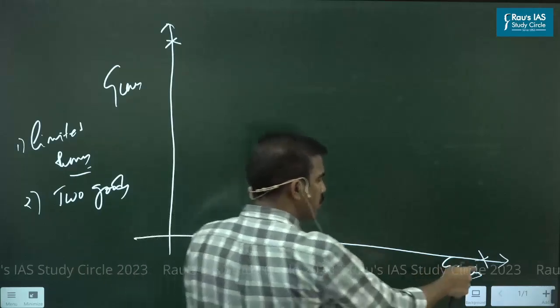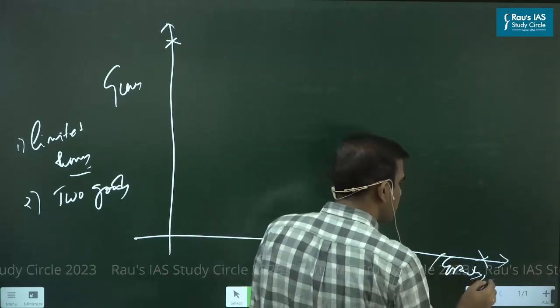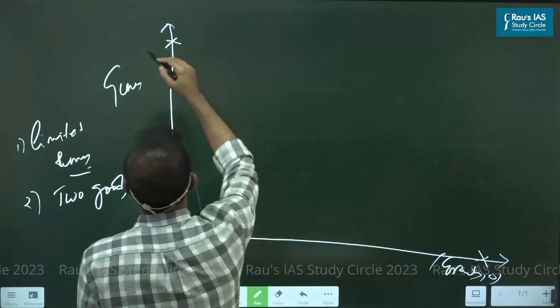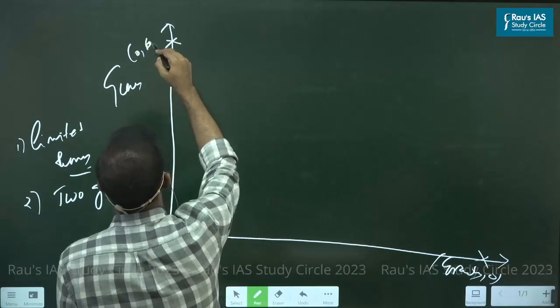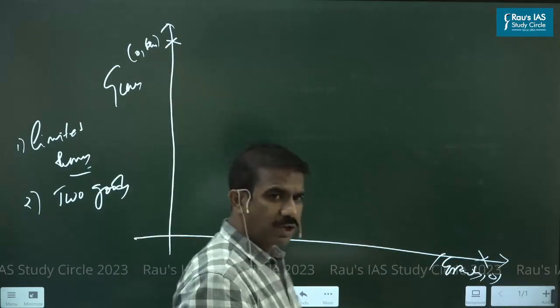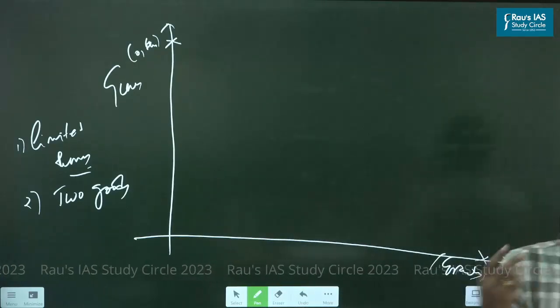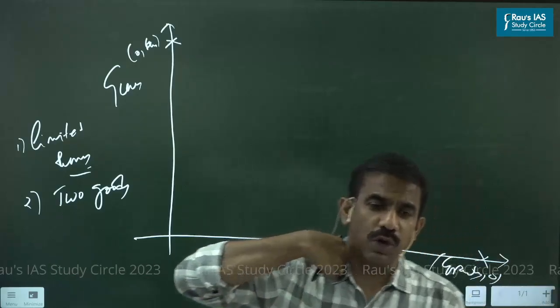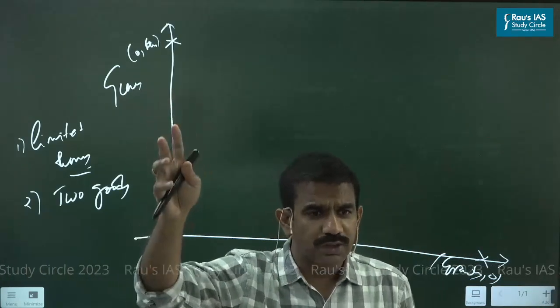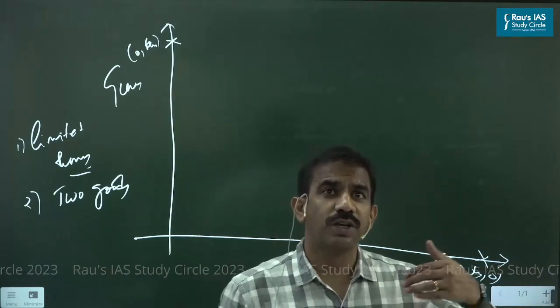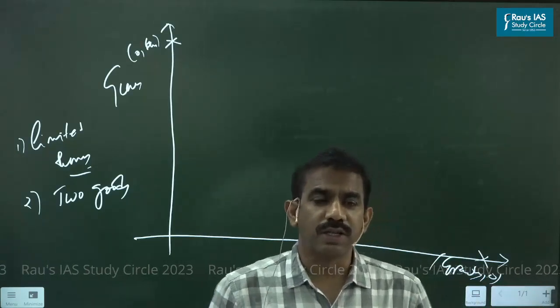If I choose this, it's the maximum grains and zero guns. If I choose this, it's zero grains and maximum guns. There happen to be two extremes: either I employ all the resources to produce guns or all the resources to produce grains.